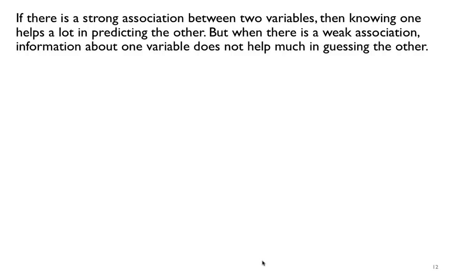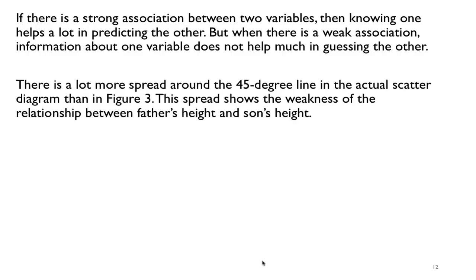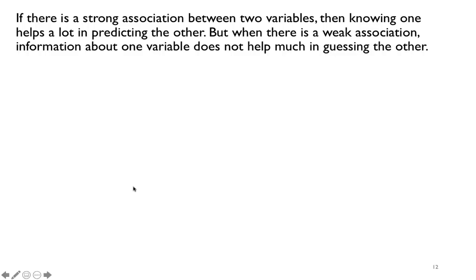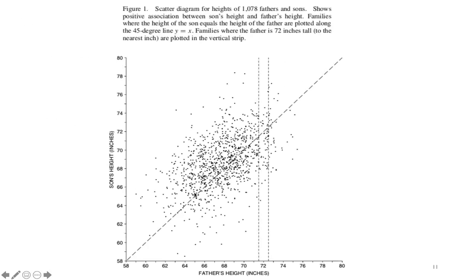If there's a strong association between two variables, then knowing one variable helps predict the other. But if there's a weak association, then knowing one piece of information doesn't help you predict the other one. In this case, we saw that there's a lot of spread around this line, the line that goes through the graph at 45 degrees.